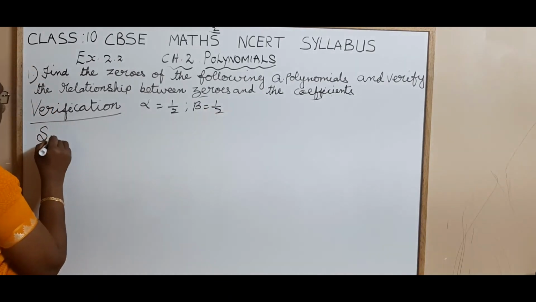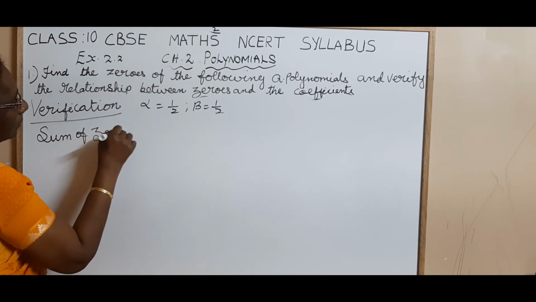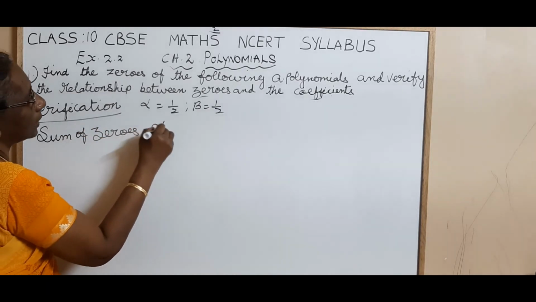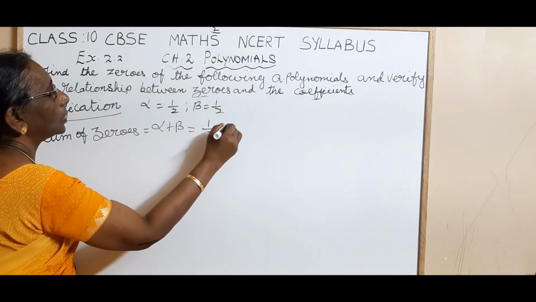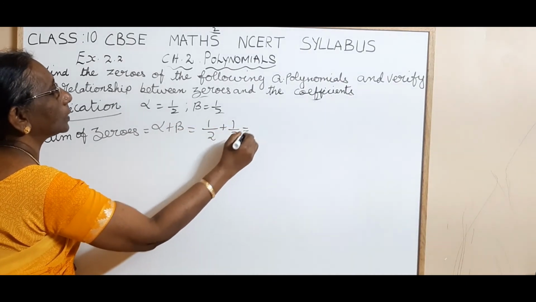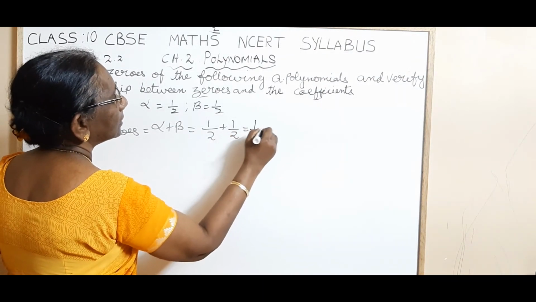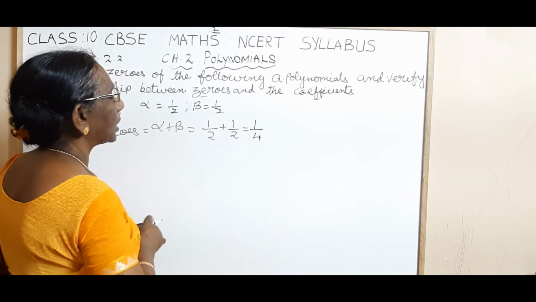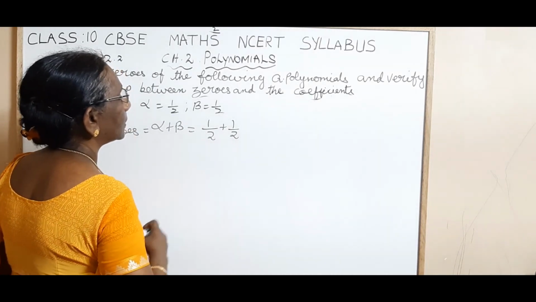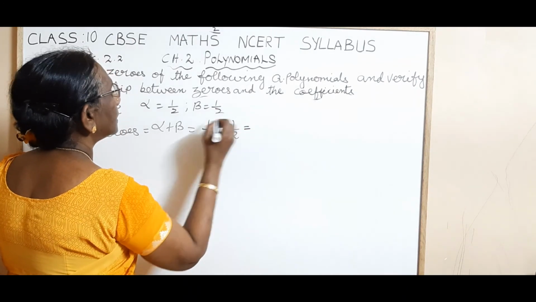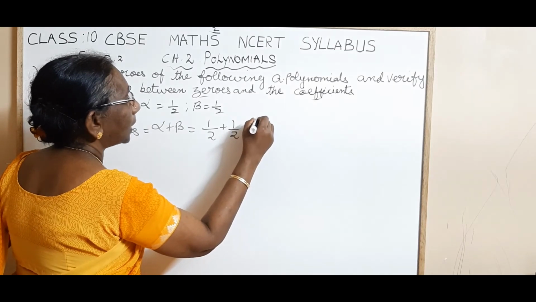So sum of zeros, that is alpha plus beta, is equal to 1 by 2 plus 1 by 2, same denominator, that is equal to 1.